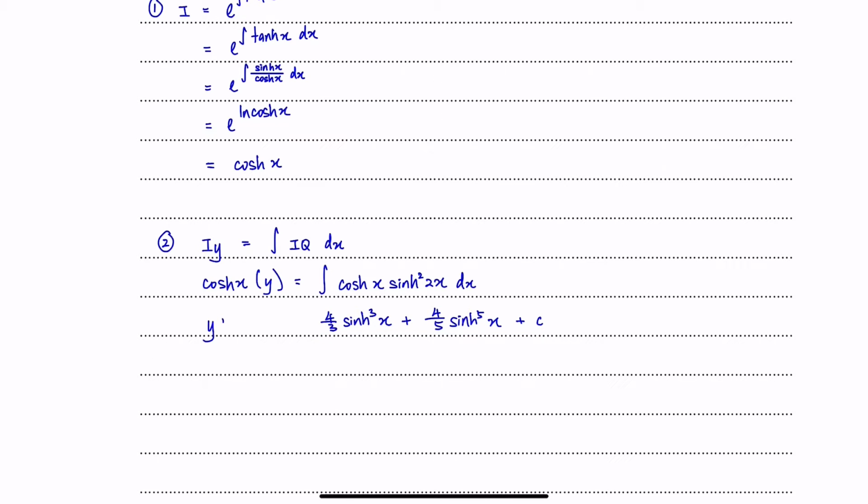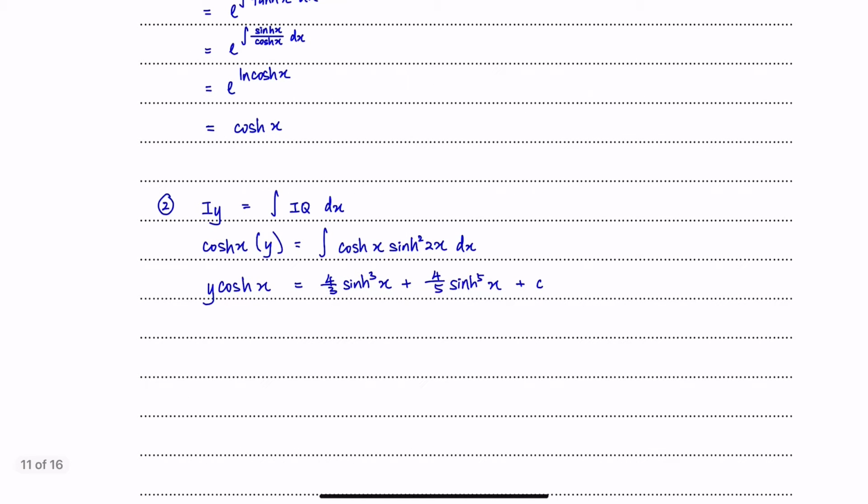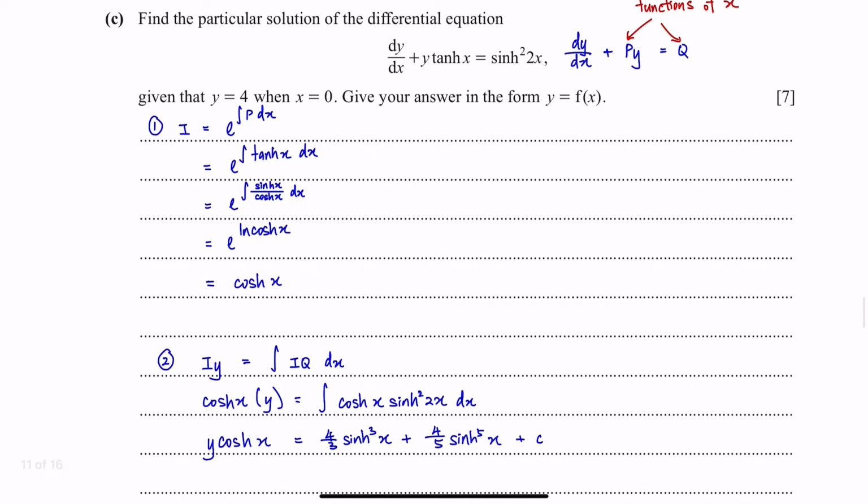So we get y cos x equals 4 over 3 sin cube x plus 4 over 5 sin to the power of 5 x plus c. And now we use the values given here. y equals 4 when x is 0.